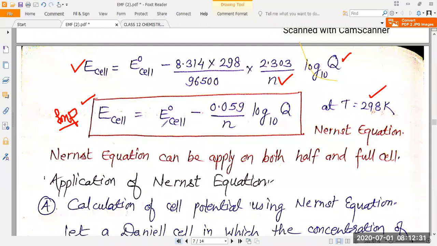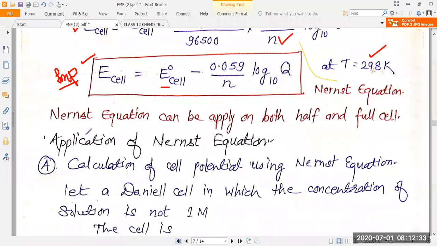E naught cell we have to find, and E naught of cell equals the reduction potential of the right hand side minus the reduction potential of the half cell on the left hand side. By this manner we can find E naught of cell.